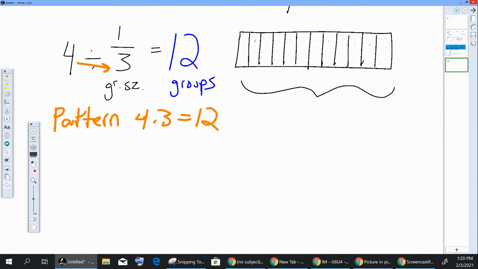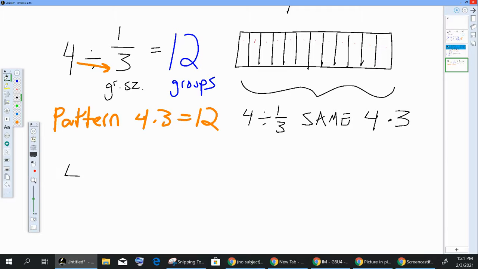Because if you can find them and then apply them and they work, then you can do it all the time, and that's cool. So then in class, it turns out that 4 divided by 1/3 is the exact same thing as thinking 4 times 3. Right? They work out to be the same answer of 12, and that's critical to remember.